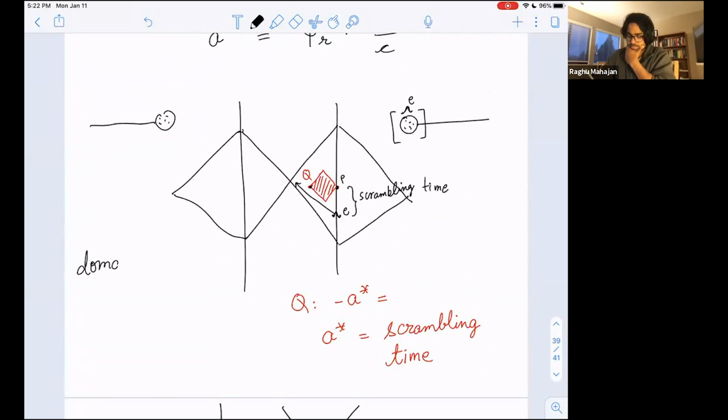Okay, maybe we can draw it all the way. I would just emphasize that if you draw it like that, then if you insert some operator here, if you change the state at a later time on the boundary by doing something, then it would not be encoded in this region.